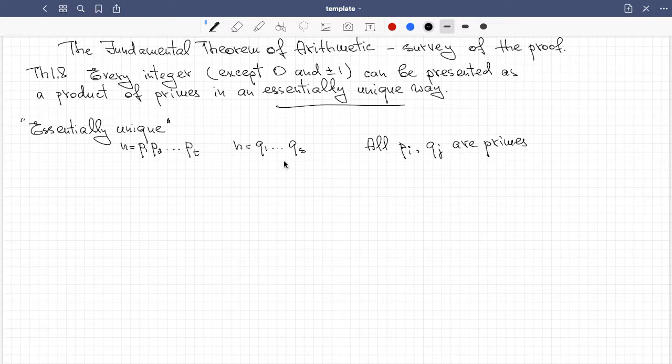So these two presentations are essentially unique means the total number of factors, where every factor is a prime, not a power of prime, is the same.